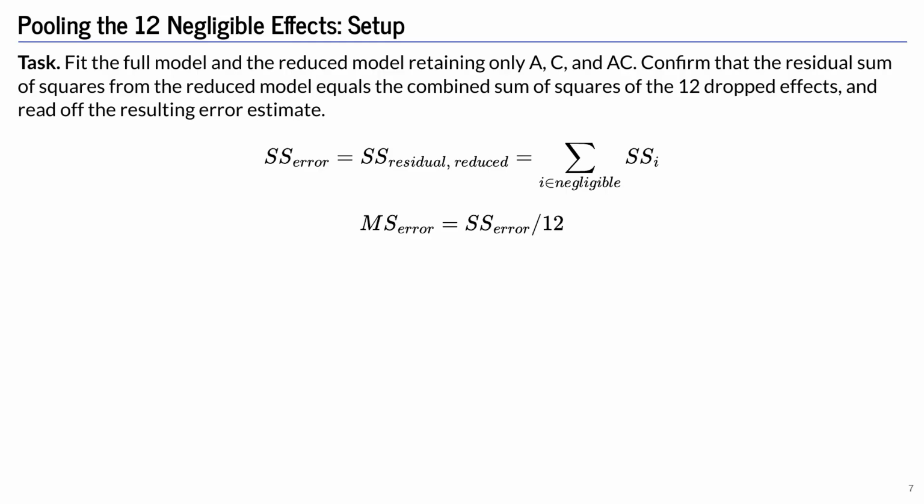That equality is exact, not approximate, because in a balanced 2^k design, the effects are orthogonal. So the residual sum of squares from the reduced model is our pooled error sum of squares, and dividing by 12 gives us the mean squared error. That is the number we will use as the denominator in every F-test.